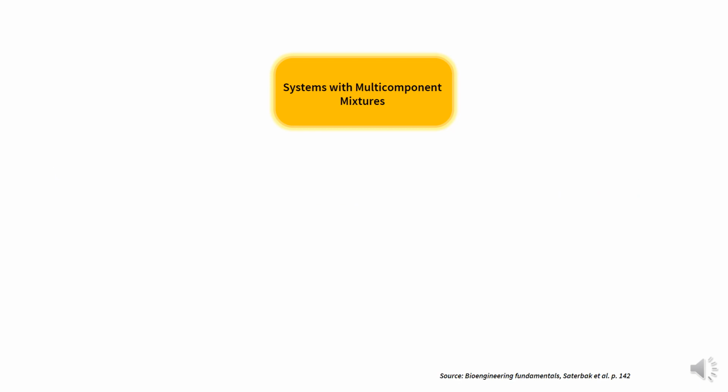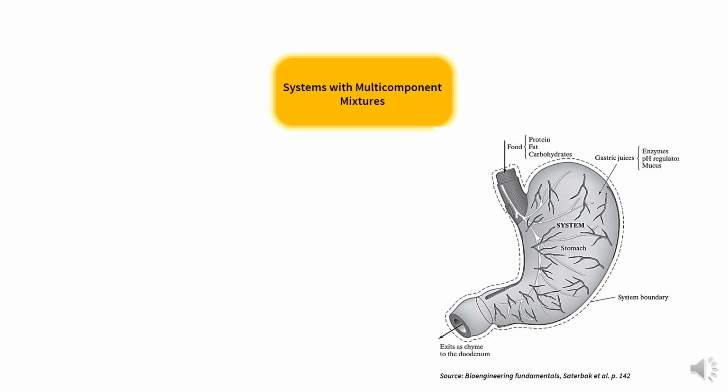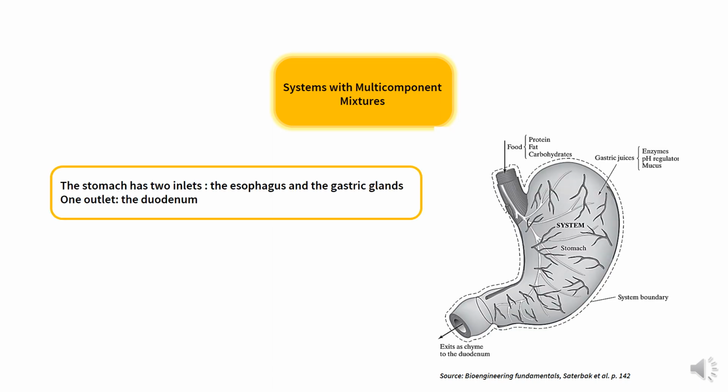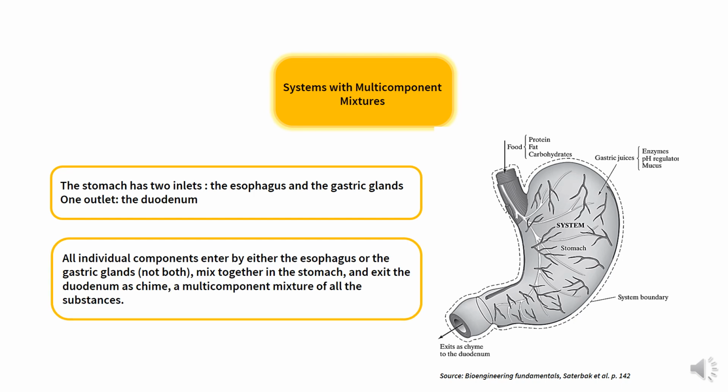As shown in the figure, the stomach has two inlets, the esophagus and the gastric glands, and one outlet, the duodenum. All individual components enter by either the esophagus or the gastric glands. They mix together in the stomach and exit the duodenum as chyme, a multi-component mixture of all the substances.